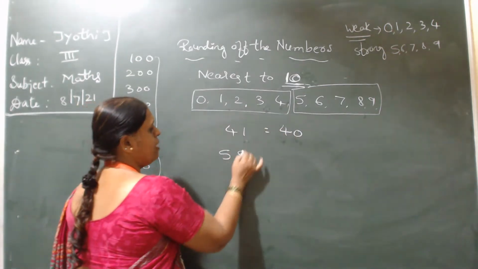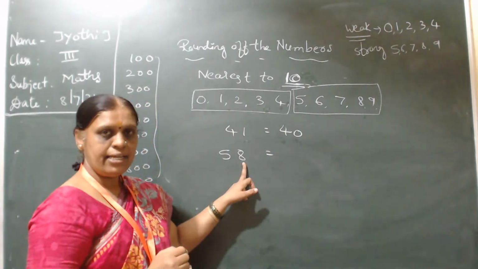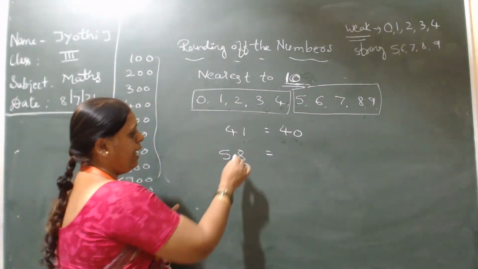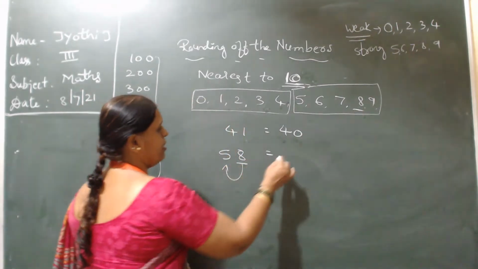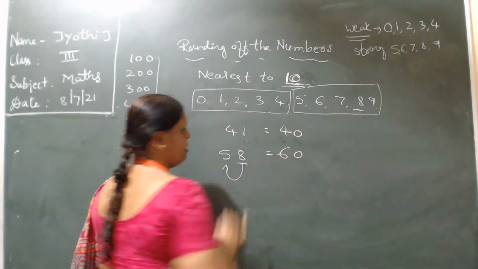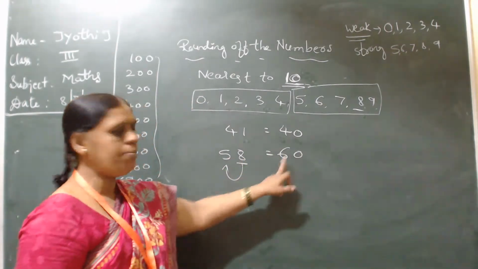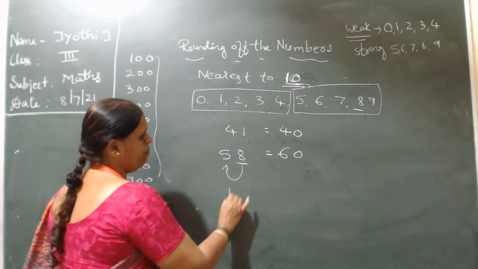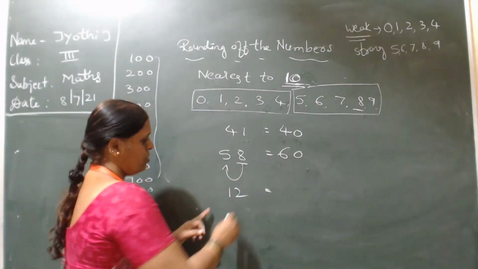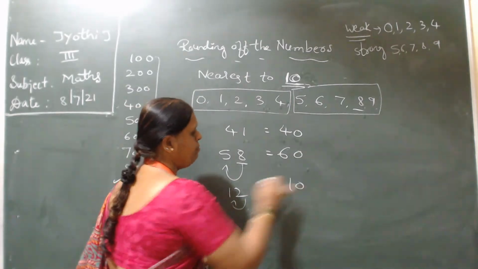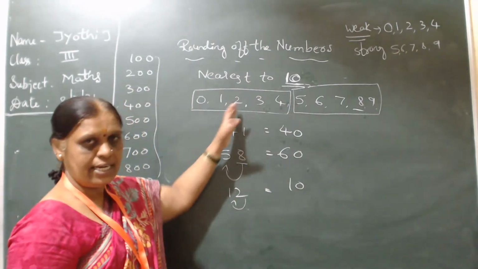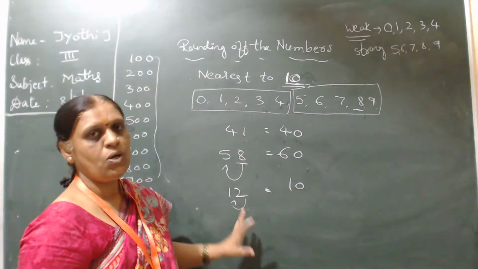Suppose the number is 58. 8 is more than 5 and it is strong. So 8 will push this number and it will become 60. 58 will become 60. Suppose the number is 12. 2 is less than 5, so it becomes 10. Understand? These are the numbers nearest to tens.